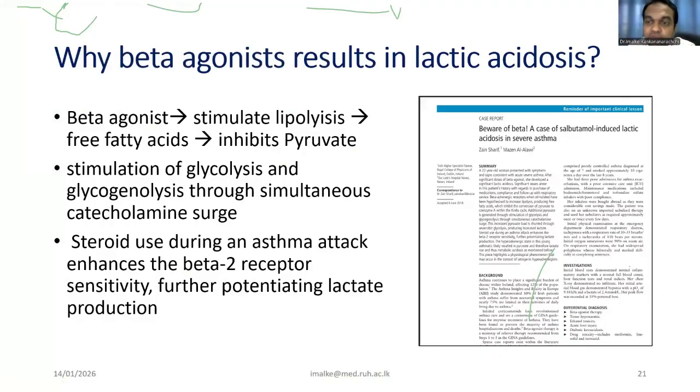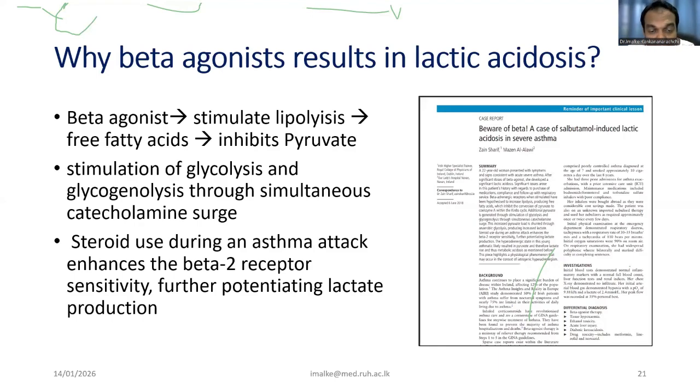There are a few mechanisms why salbutamol results in lactic acidosis. It is not seen in all patients, and it is not dose dependent. I think there is some genetic predisposition as well. Certain children will show lactic acidosis just because of salbutamol nebulization. The reasons are that beta agonists stimulate lipolysis and free fatty acids, and it inhibits pyruvate.